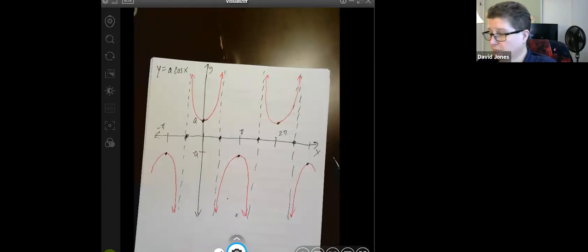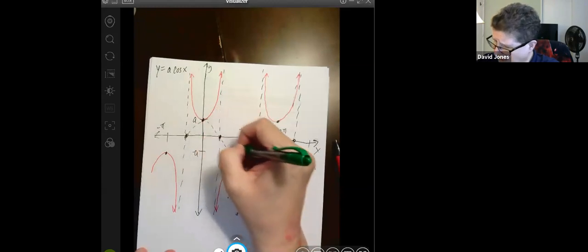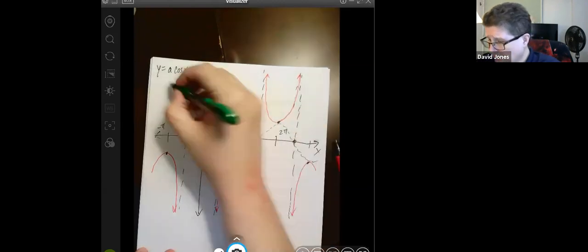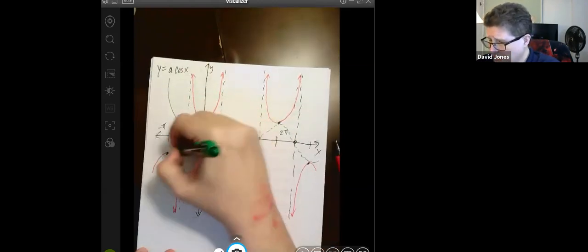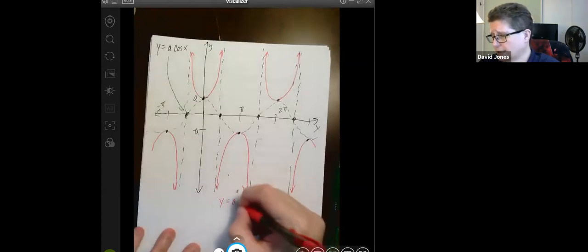And that's it. Cosine x is very lightly right there. And our red line is going to be y equals a secant x.